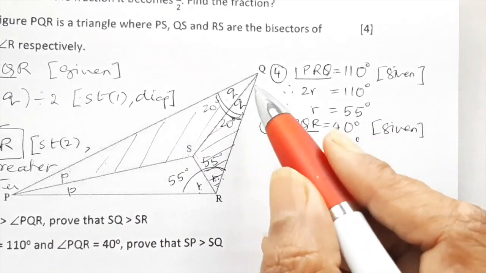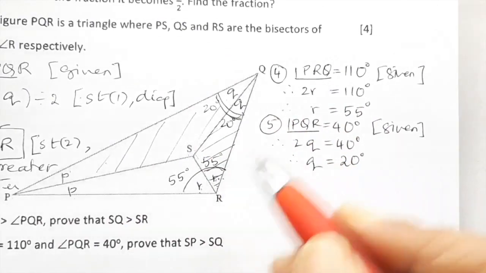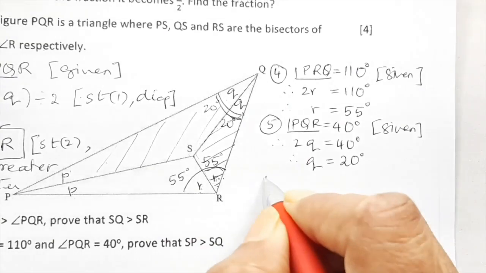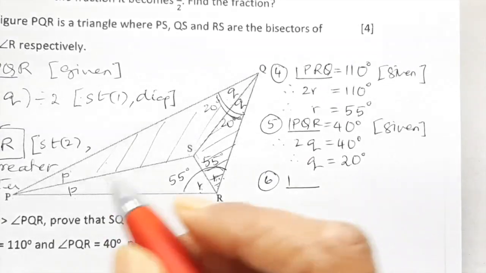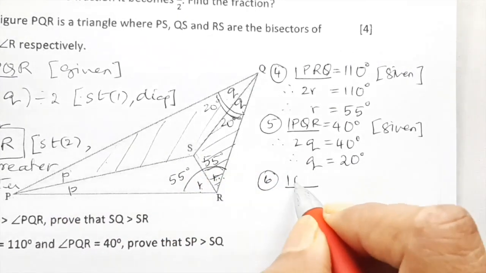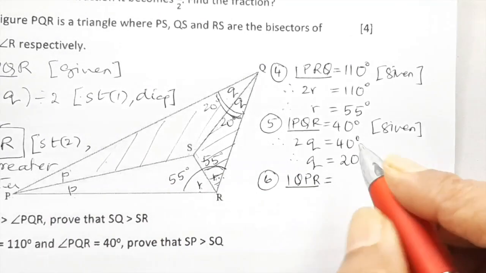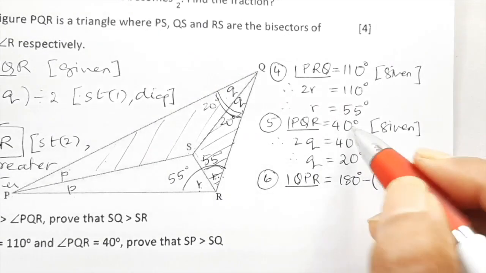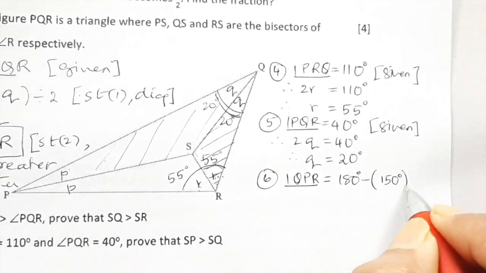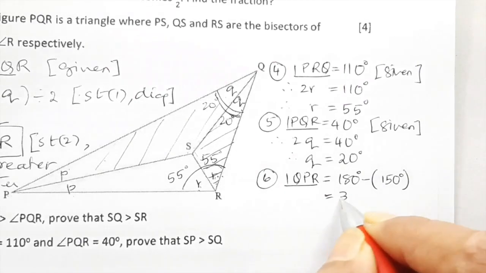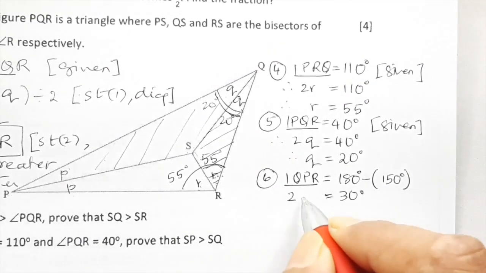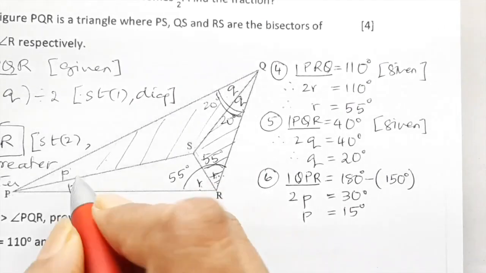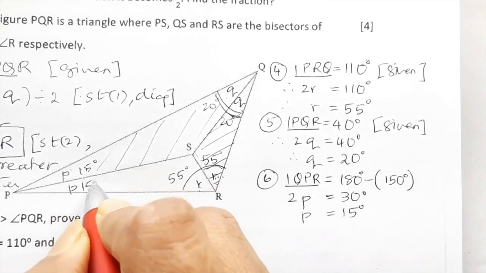Okay, now if you have this angle is 40, this as 110, then the sixth statement will be angle P, that is angle QPR is going to be equal to 180 degrees minus 110 plus 40, that is 150 degrees, which is going to be 30 degrees, which will be 2P. So P will be equal to 15 degrees. So we write here 15 degrees and 15 degrees.